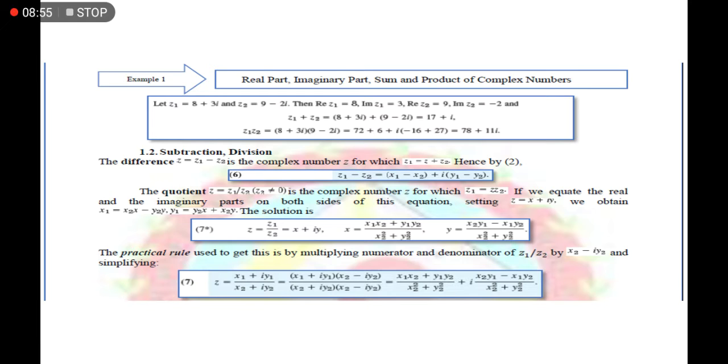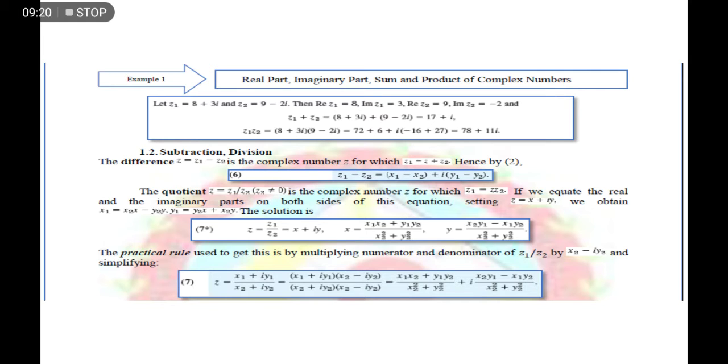So as you can see here sa equation number 7, the final answer is this one here. Which is, this first term here is the real number, and the second term here is the imaginary number. So, the first term, the real part, is composed of this one. We have x1 x2 plus y1 y2 over x2 squared plus y2 squared. So, yun yung final answer.